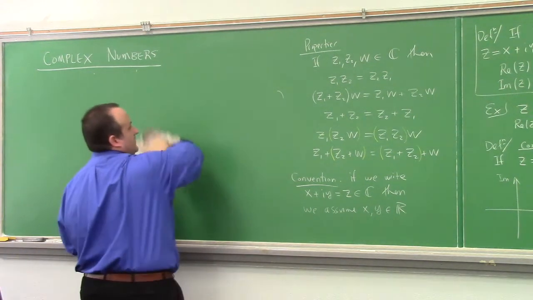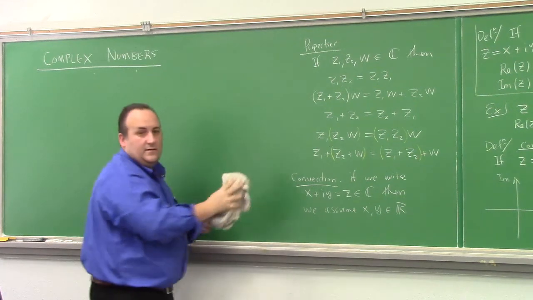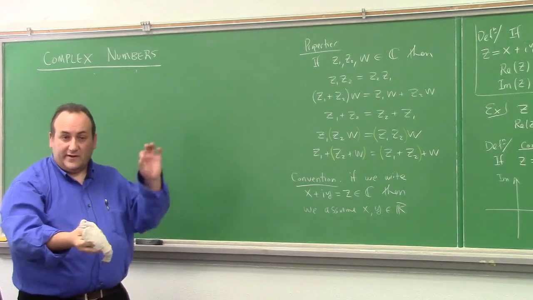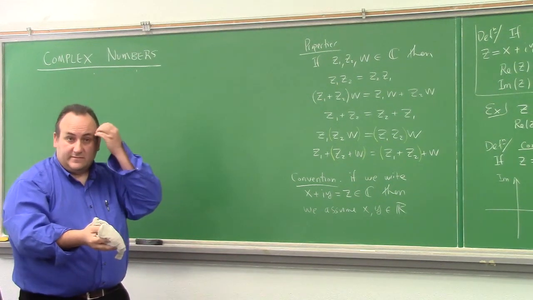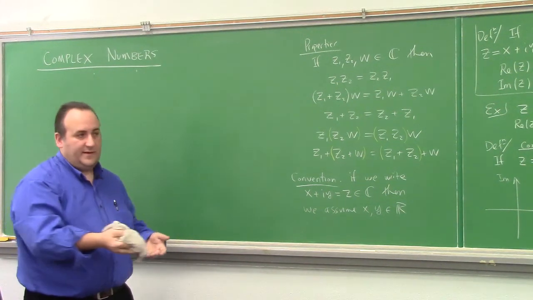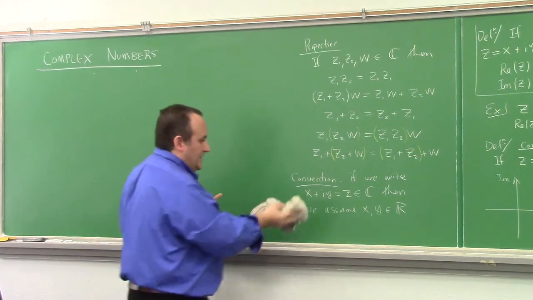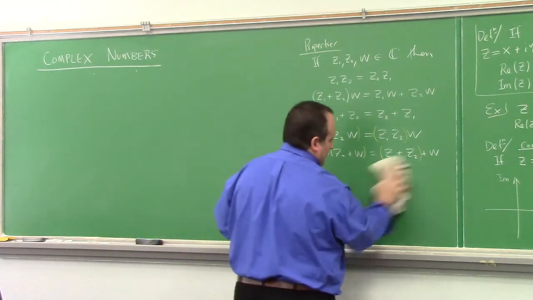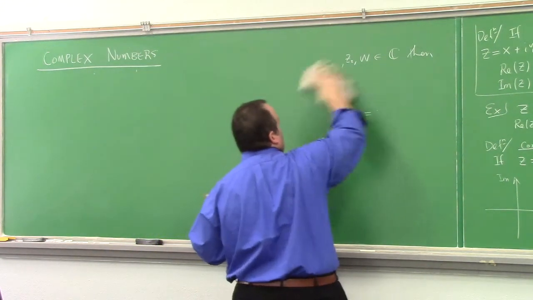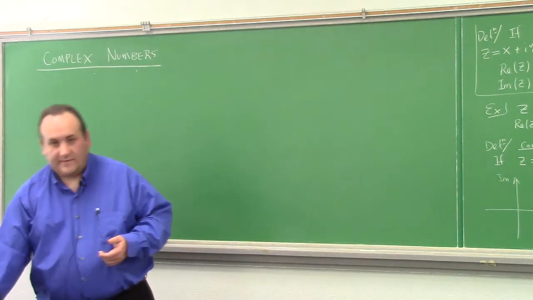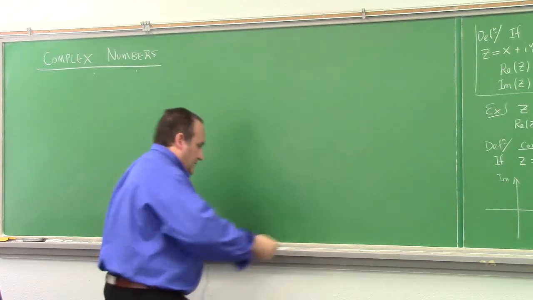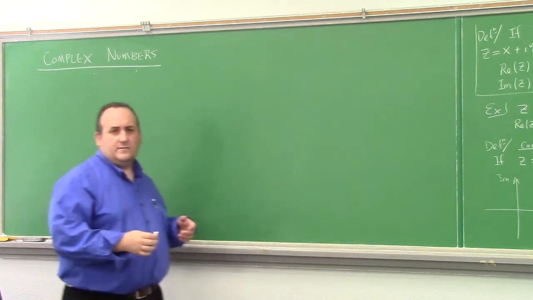And if we do that, then you can think about a complex number either as a point in 2 dimensions, or you can think of it as a vector from the origin. Just like when we think about points in the plane, we can think of them as points, or as vectors from the origin. And if we think about them as vectors from the origin, then we can think about their dot product. Remember, you've had Calc 3.